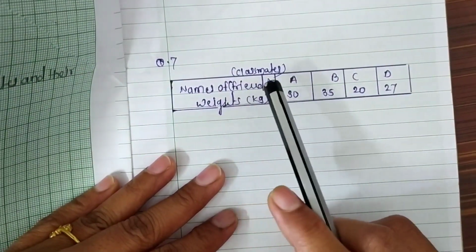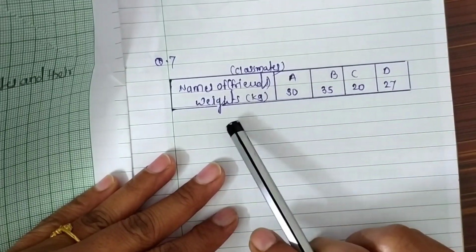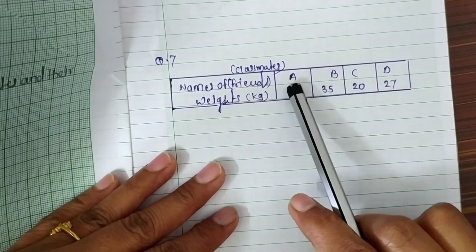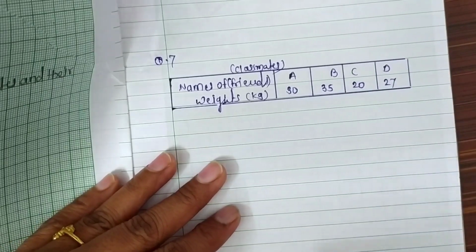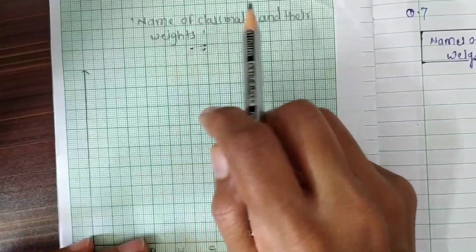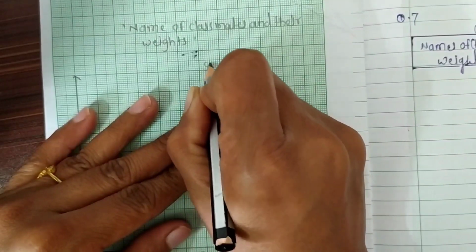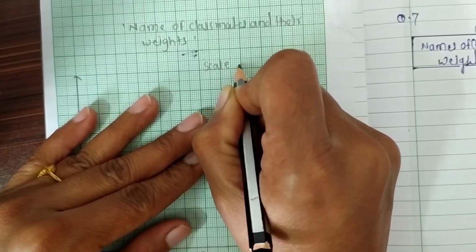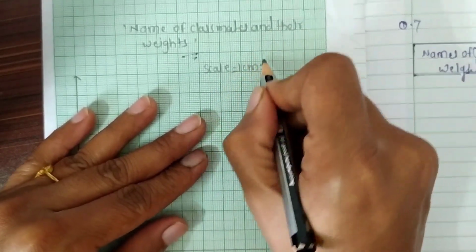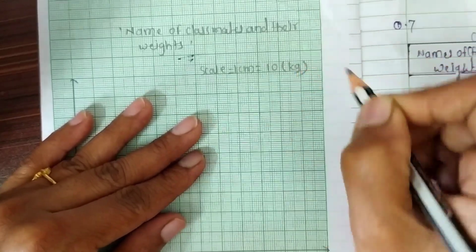The names of my classmates I write here A, B, C and D, and their weights are 30, 35, 20 and 27. You can write your friends' names also. So our graph's name is names of classmates and their weights. For it, I am going to take a scale. On the y-axis, 1 centimeter is equal to 10 kilograms.